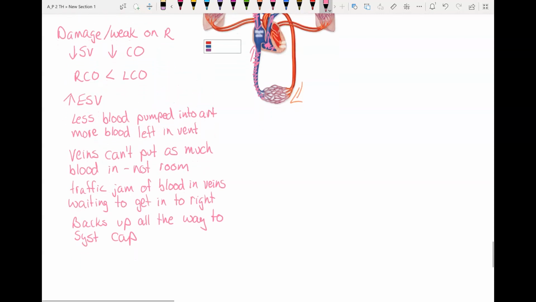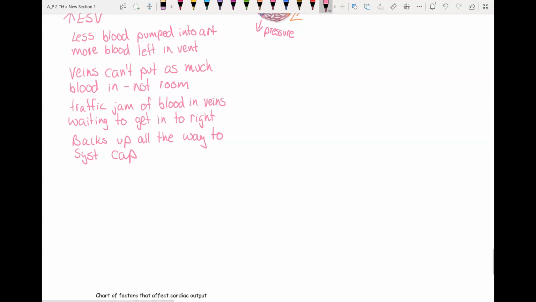Well, when you have this traffic jam of blood backed up, that creates pressure. You have more blood in these vessels, and the more blood you have in there, that's creating pressure. So you have pressure here. So this backup of blood creates pressure.